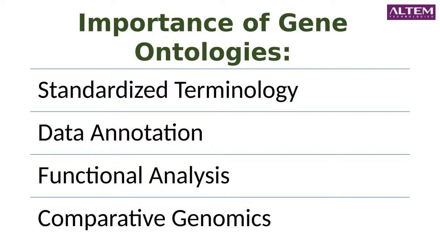Of course, it also facilitates the identification of overrepresented biological processes, molecular functions, and cellular components in gene sets, and it enhances the understanding of experimental data. It allows for the comparison of gene functions across different species, helping to identify conserved biological processes and evolutionary insights.